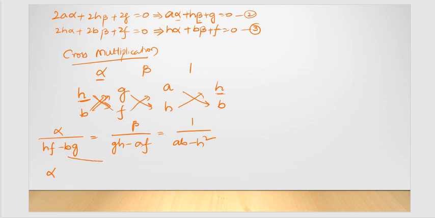If I want the α value, I need to compare with this, and if I need the β value, I need to compare with this constant.